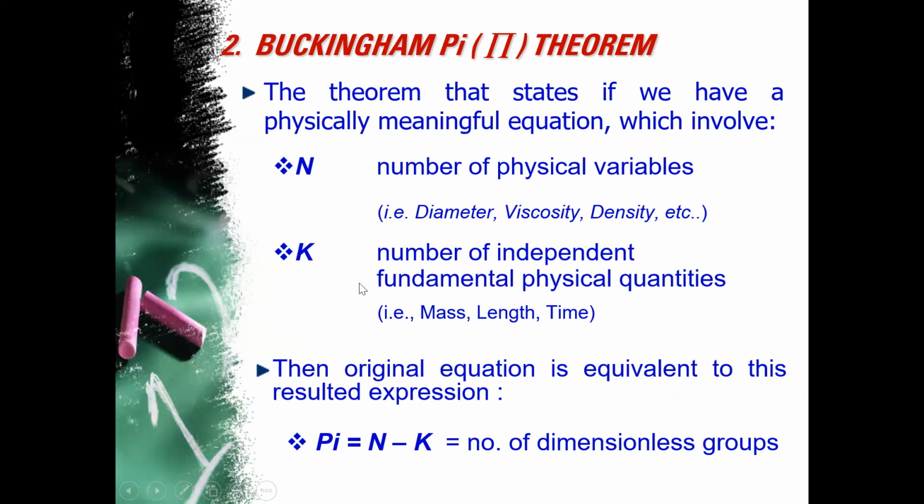So usually, as in Rayleigh's method, whatever physical variables we have, we try to expand them in terms of the fundamental physical quantities, or fundamental dimensions. For example, the diameter is equal to capital L, which is length.